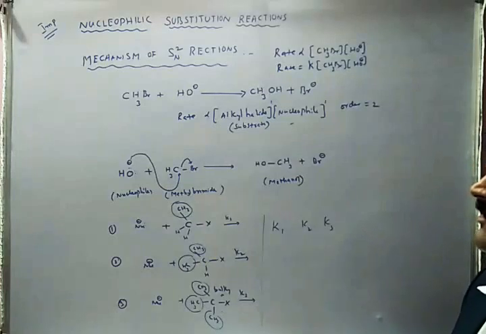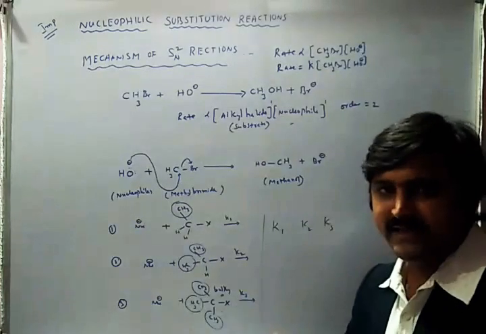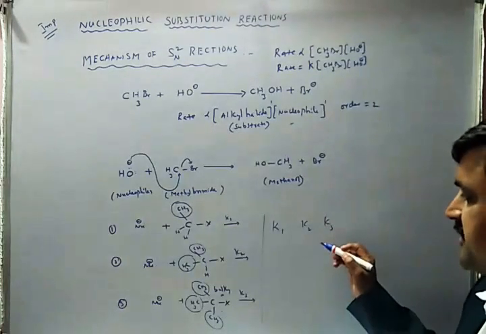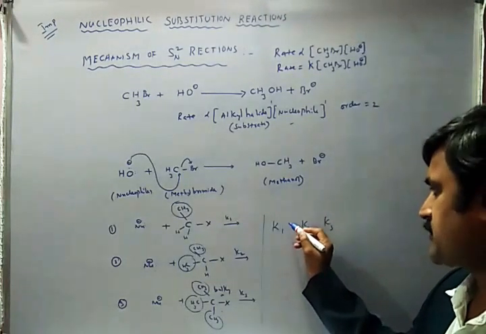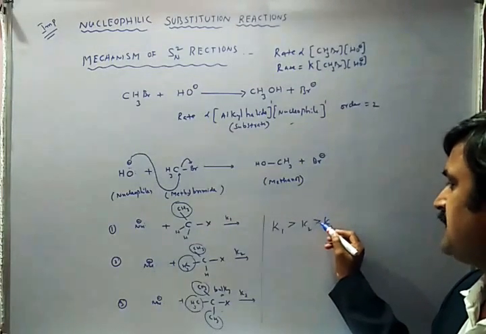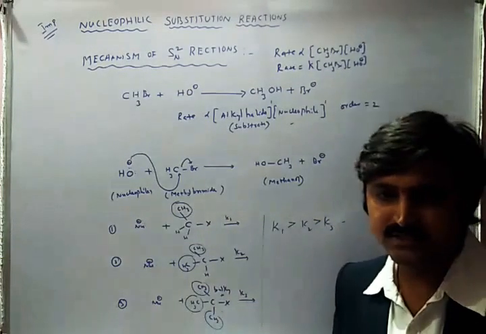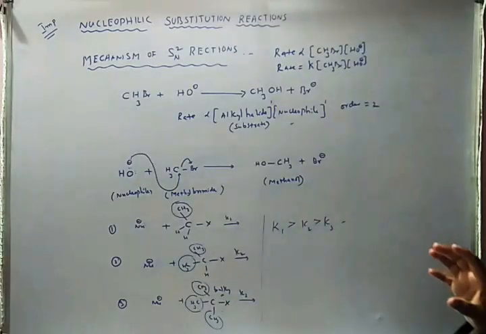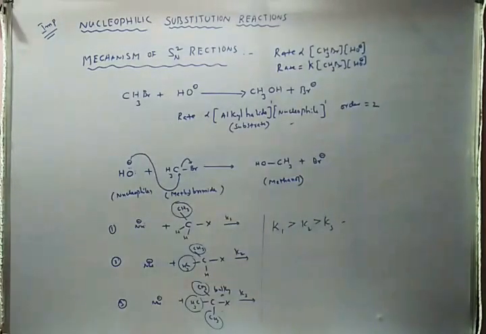So as the number of bulky groups on the methyl carbon increases, obviously the rate of reaction decreases. So K1 is greater than K2, greater than K3. We call this some of the steric effects of nucleophilic reactions.